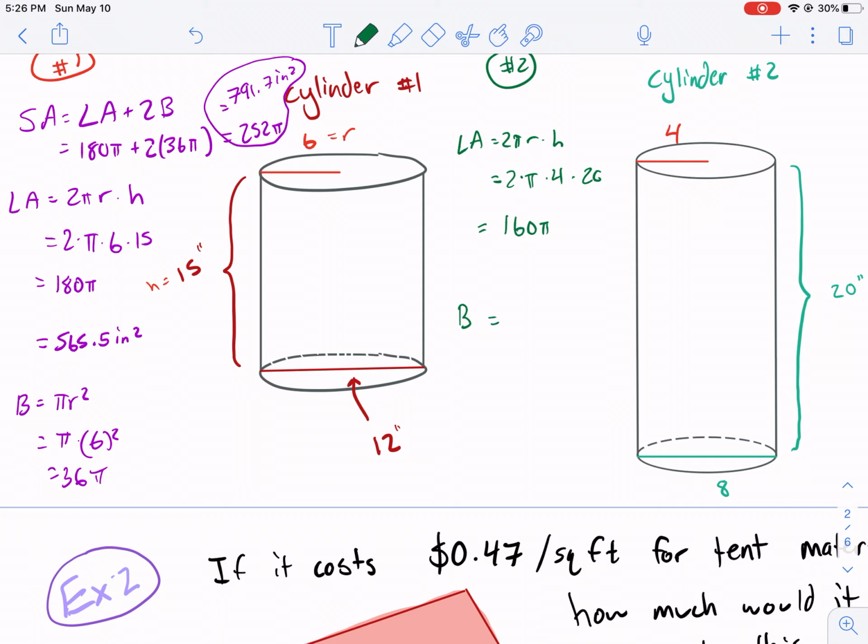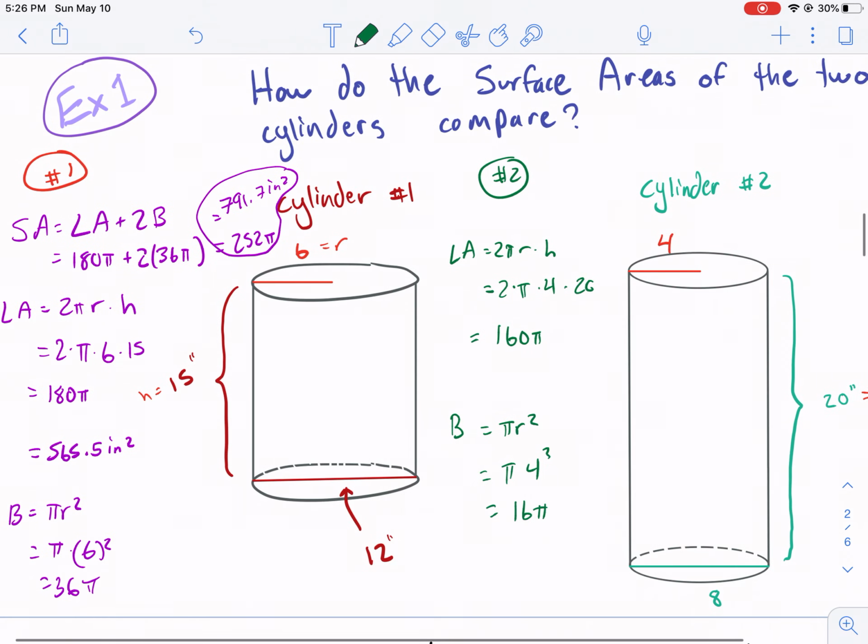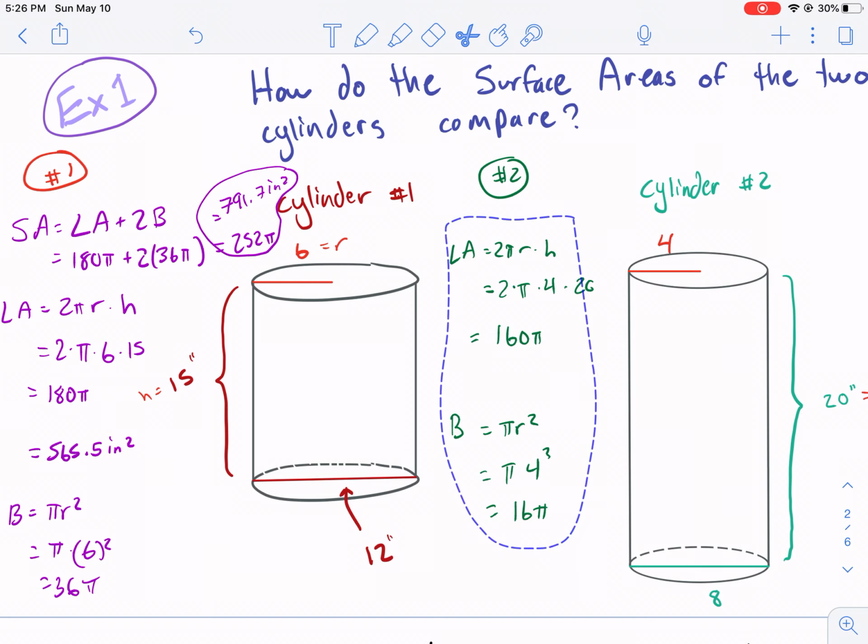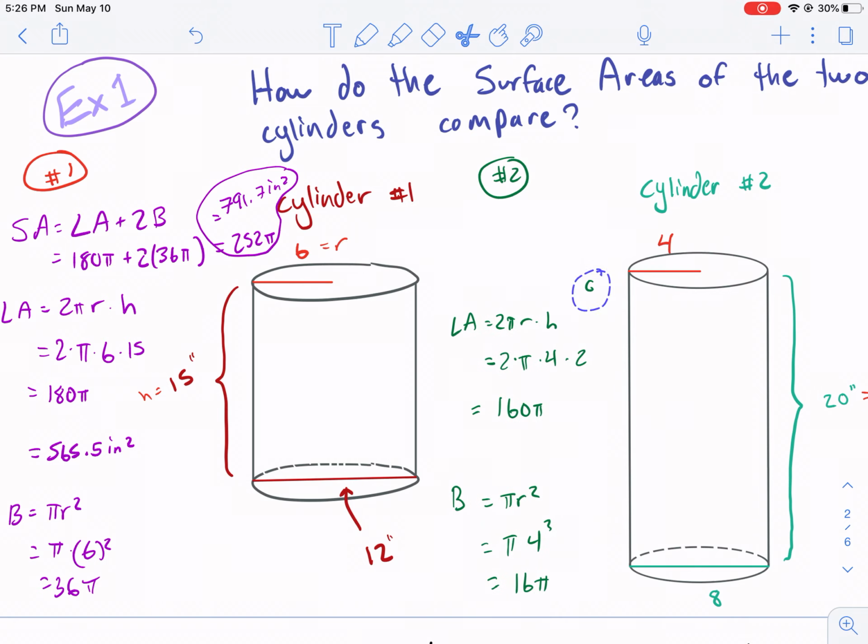So then we have pi r squared for our base. That's pi times 4 squared. Square the 4 first, and then multiply by pi. We get 16 pi. Now we need to double that for our formula. So surface area is equal to our lateral area, which is 160 pi, plus our two bases, 2 times 16 pi, and I get 160 pi plus 32 pi, and that is 192 pi.